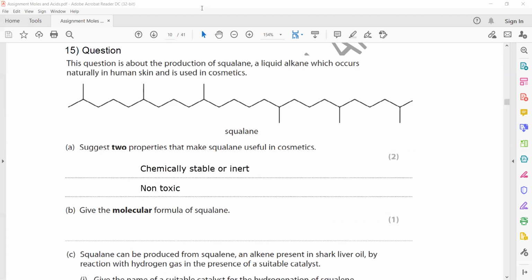Give a molecular formula of squalane. So how can we work out the molecular formula of squalane? This is related to organic chemistry that we will discuss in the last topic. But here at the end, this is called a skeletal formula.